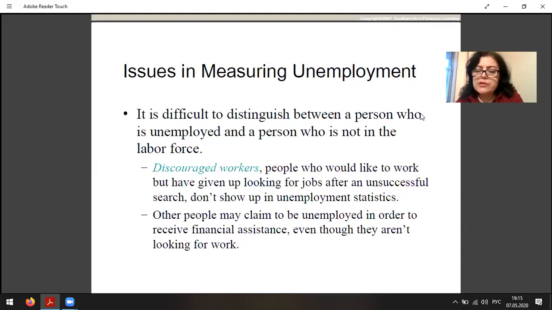So discouraged workers are people who would like to work, but they give up looking for jobs, because many times they tried, but unfortunately were unsuccessful, and their attempts to find a job were extremely unsuccessful. That's why they don't show in unemployment statistics.